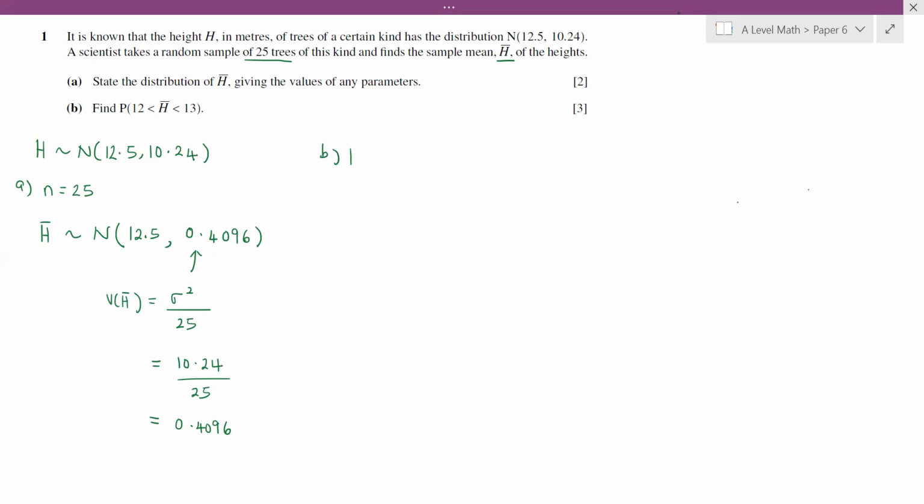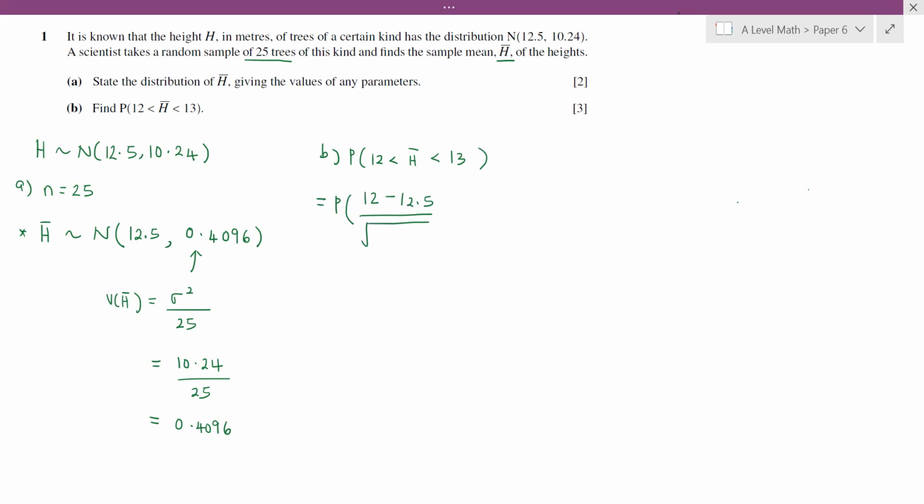Part B, we need to find the probability that h bar is between 12 and 13. We have the distribution of h bar, and we are going to use this to find the probability that h bar is in between 12 and 13. First, we standardize. We take all these values, subtract the mean, which is 12.5, and divide by the standard deviation. 0.4096 is a variance.